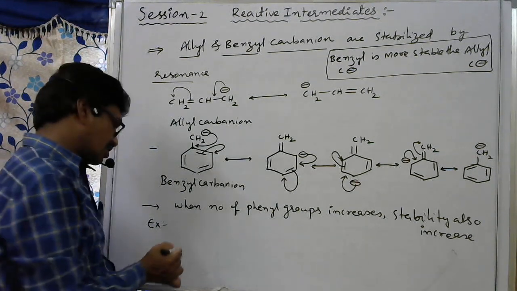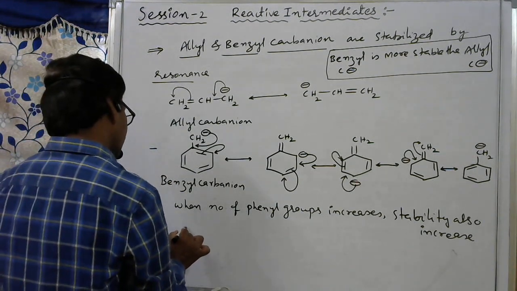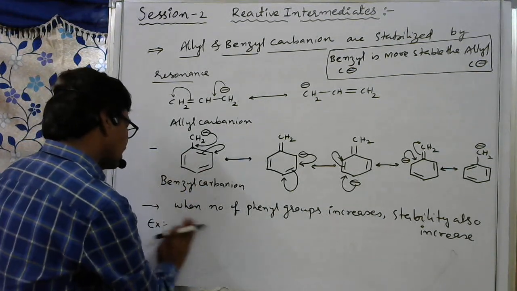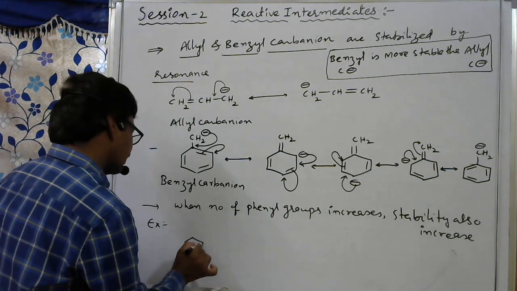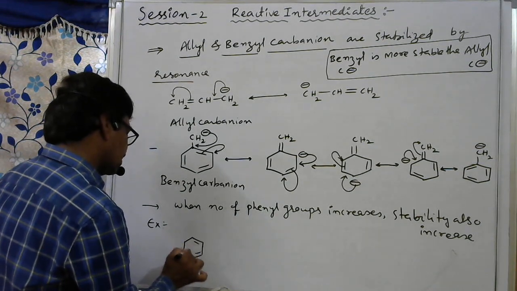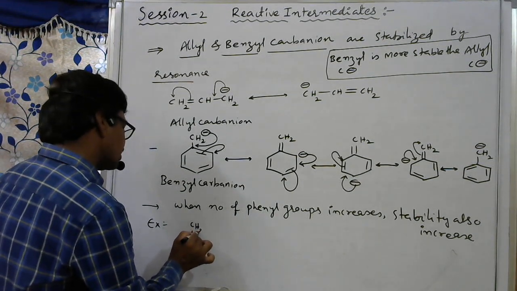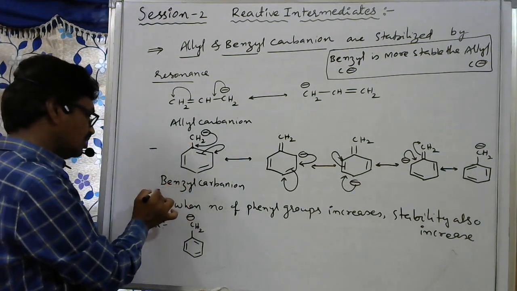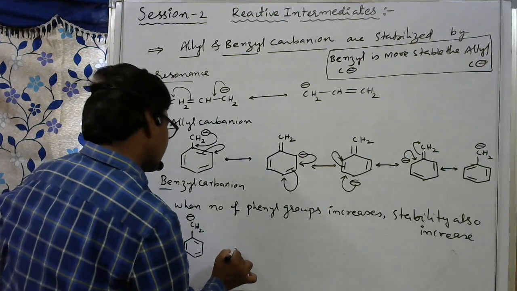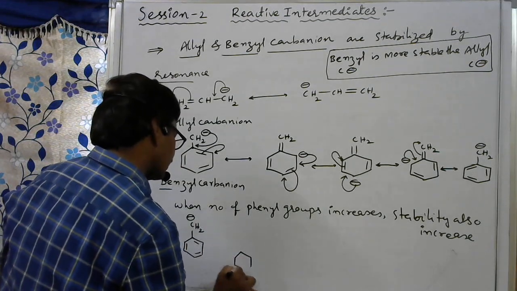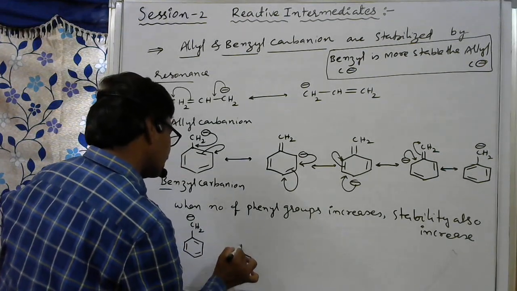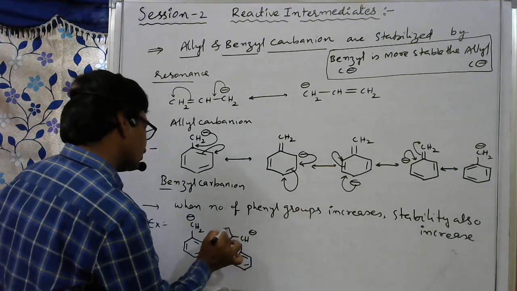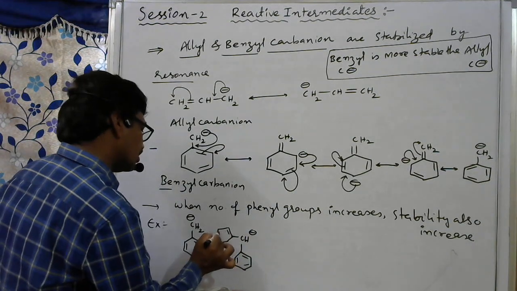Phenyl methyl carbanions. See here, Ph is nothing but one benzene ring, so we can write it like this. This is CH2 minus, the phenyl methyl carbanion, otherwise the benzyl carbanion. Like this I am writing: here CH minus, here one more phenyl group.